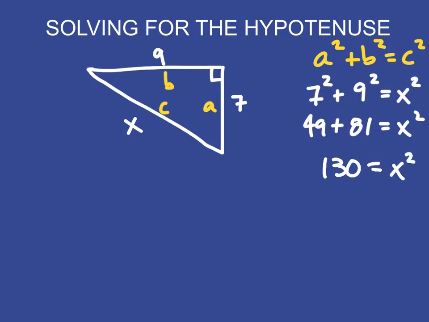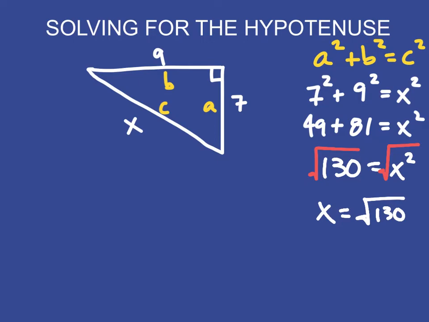Now, 130 is a number that we can't take the square root of and get a nice, neat number. So let's apply the square root to both sides of that equation to get x by itself. x is equal to the square root of 130. Now, if we go into our calculator and do the square root of 130, we should be in between 12 and 13.